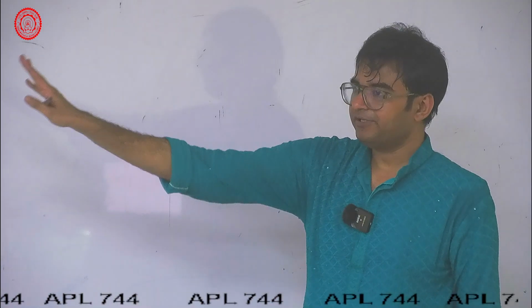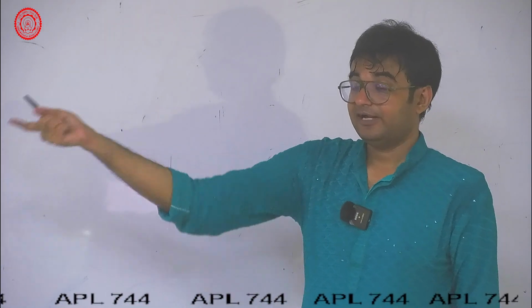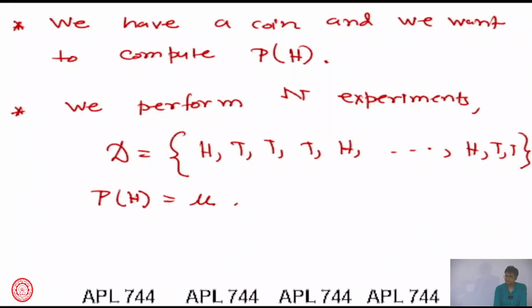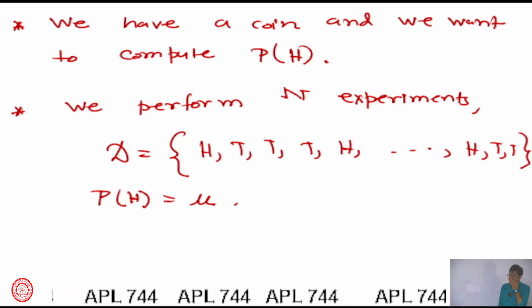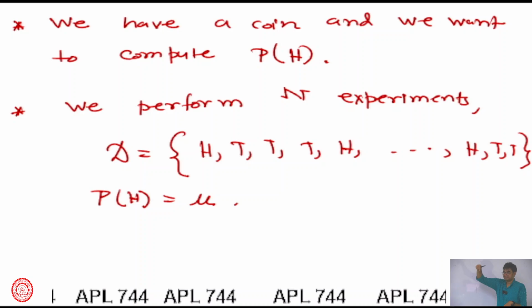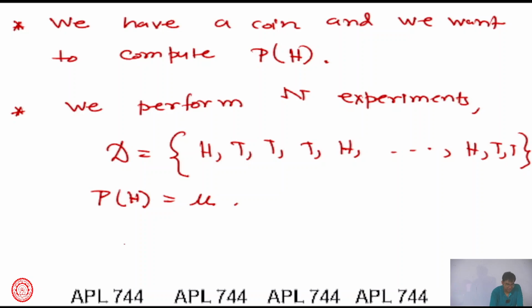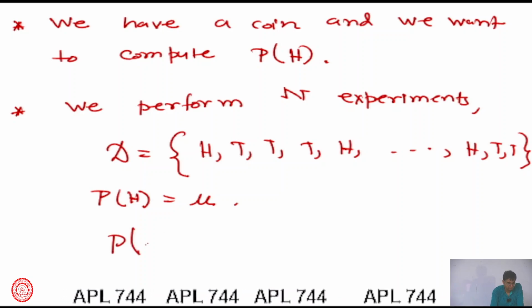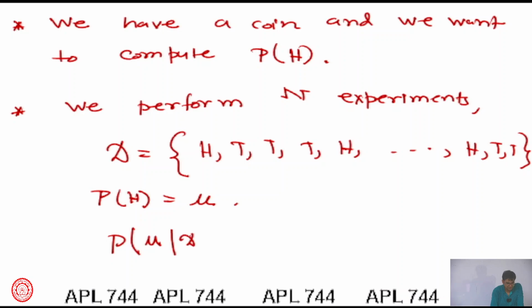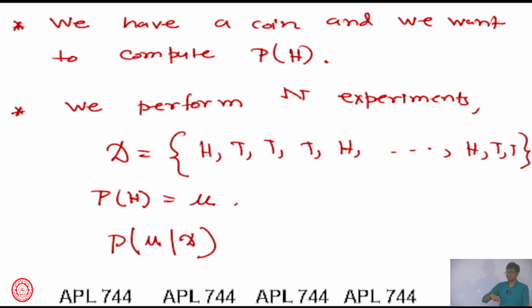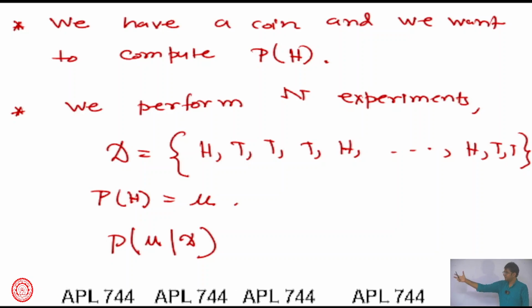So, this becomes my data, and what do I want to find out? Probability of head. Let us say probability of head is equal to mu. So, mu is my theta, that is the parameter I want to infer. So, the Bayesian way of thinking is that I will try to find out probability of mu given d, where mu is my theta, d is my data, and there are other things.